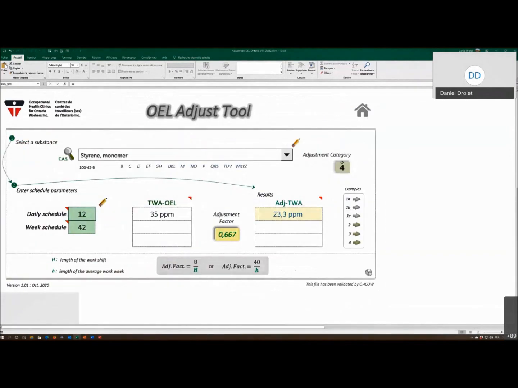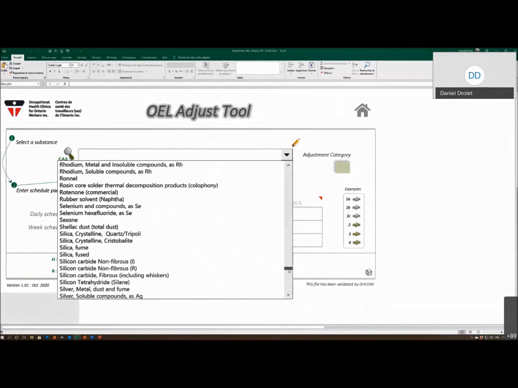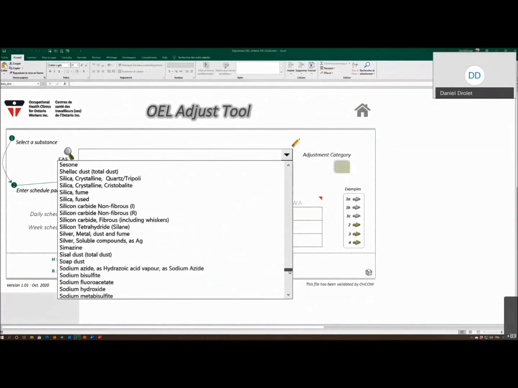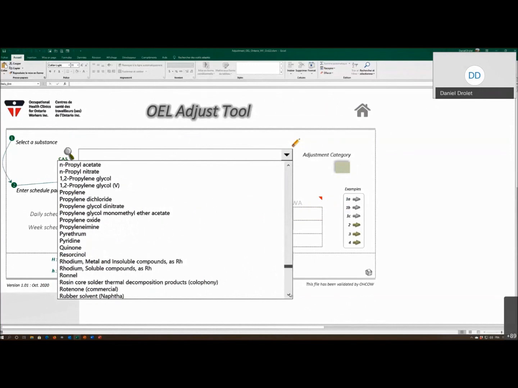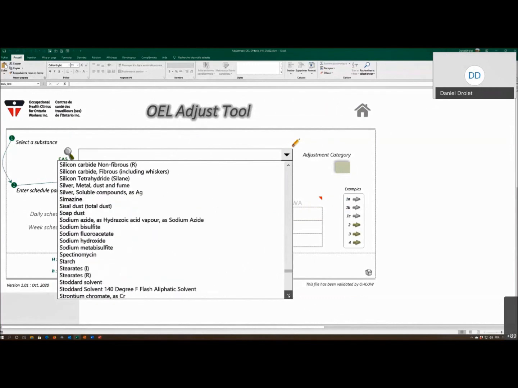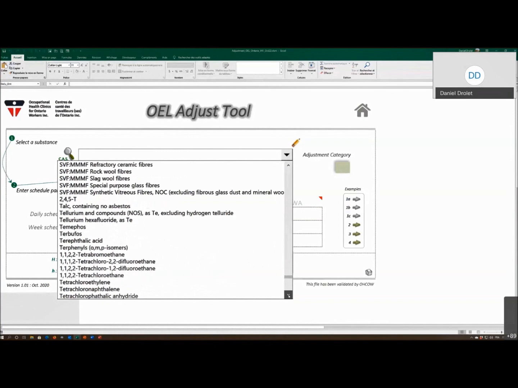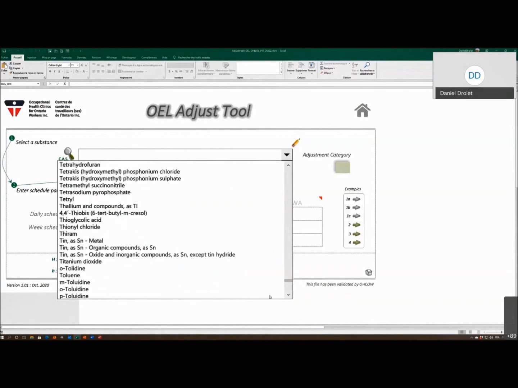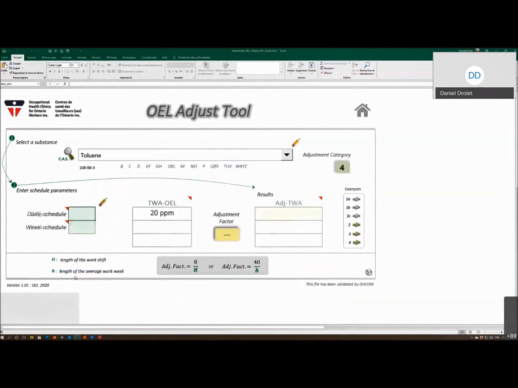And then go on Start. So let's say this is what I call the eraser. Let's say I have an exposure to toluene. So I have to select a substance, that is toluene. So you see the adjustment category is 4.